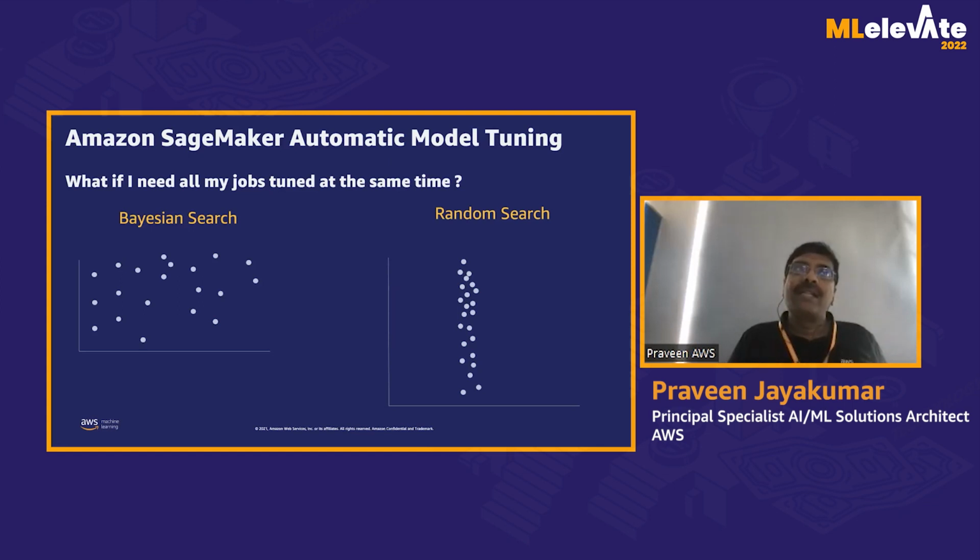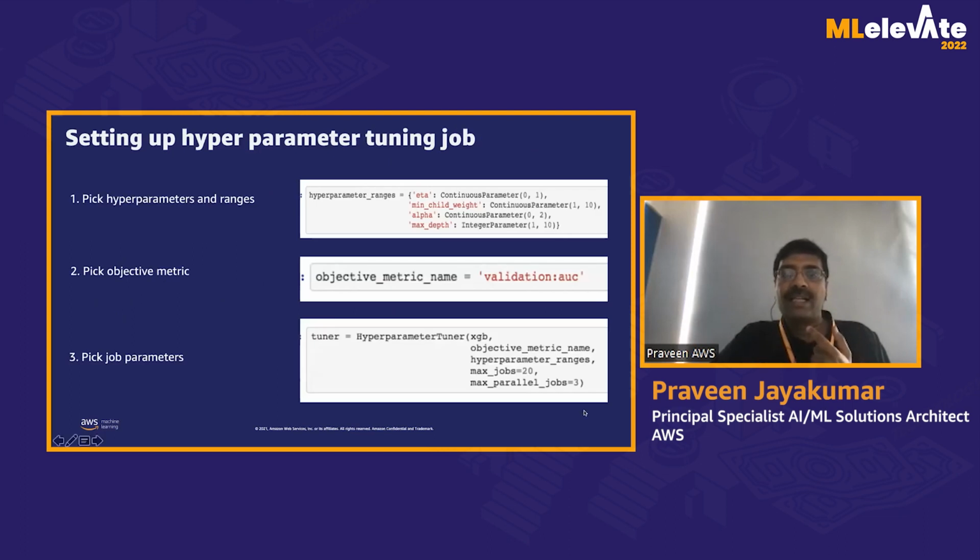One interesting thing about the Bayesian approach is that, unlike random or some of the other approaches, it is based on previous input. At any given point of time, we say, run 3 jobs up to a total of 20 jobs. With the Bayesian approach, it first runs 3 jobs, picking some random values. Once those 3 jobs are done, their evaluation metrics, the AUC metrics, are fed into the Bayesian optimizer that SageMaker provides.